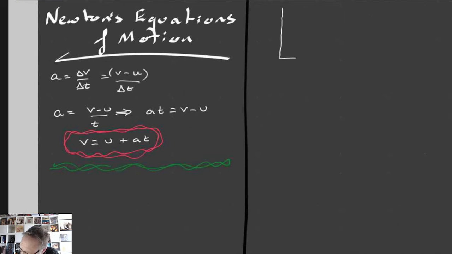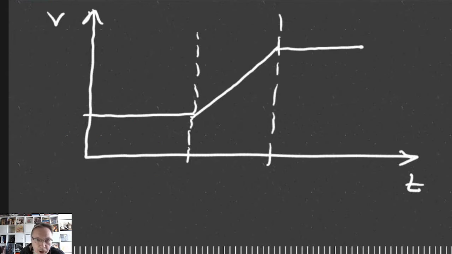Imagine an object that is traveling at a certain constant velocity for a certain period of time, and then it speeds up to a new velocity. Marking this, let's say that is 0, that's t1, and that's t2, that's u, and moving across here, that is v, the final velocity.